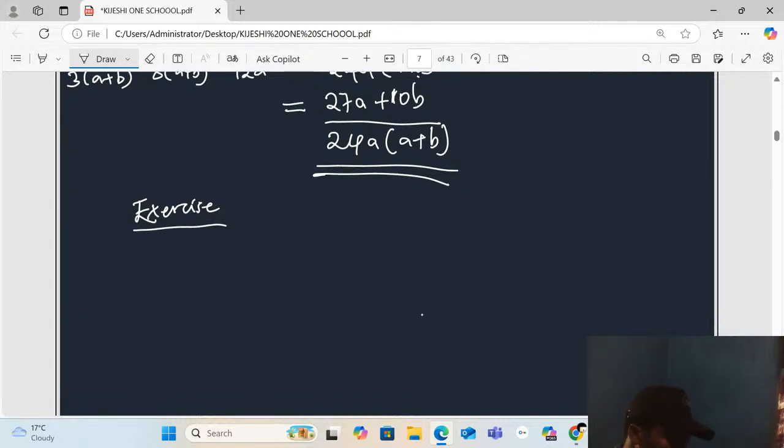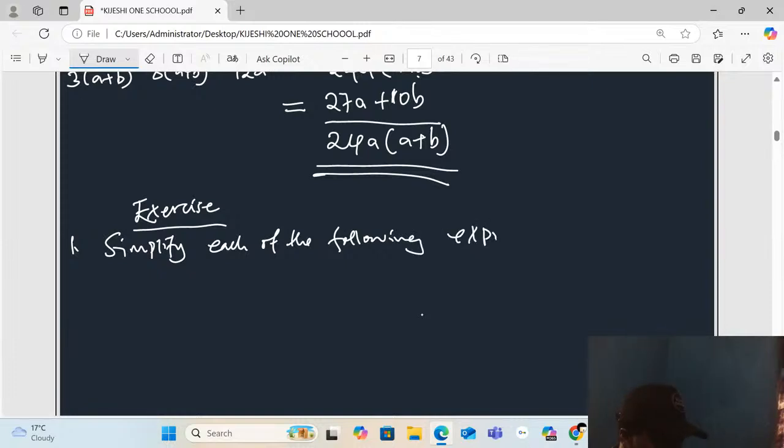You can do number 1, saying simplify each of the following expressions. These are yours. You are going to attempt.